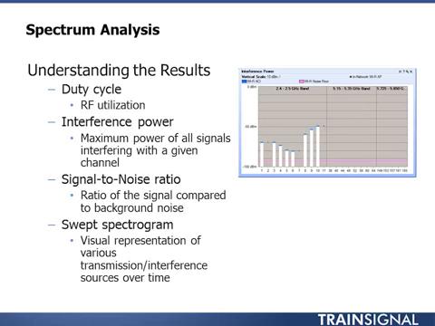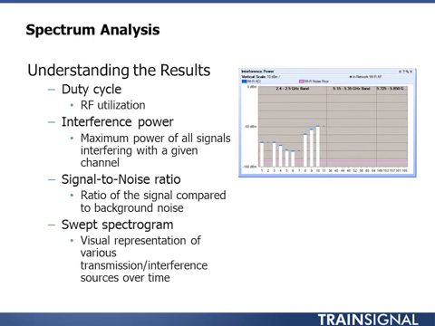Interference power, this is the maximum power of all the signals within a channel, and again is telling me the total source. I don't know what that's made up of. If I want to take a look at what that's made up of, there are other screens that I would look at within the Cisco Spectrum Expert, so I can see perhaps the devices that are triggering that much interference to happen in the band.